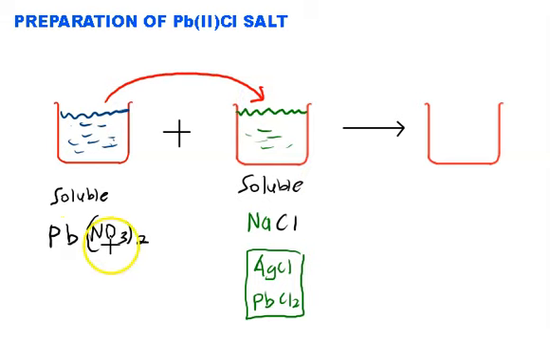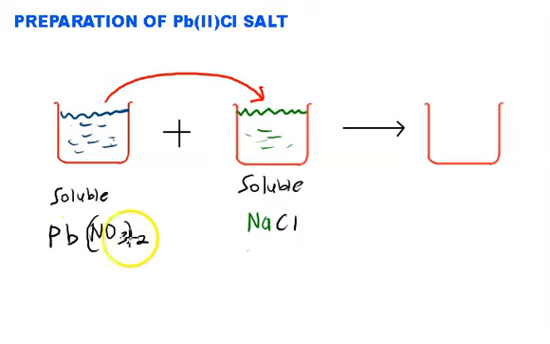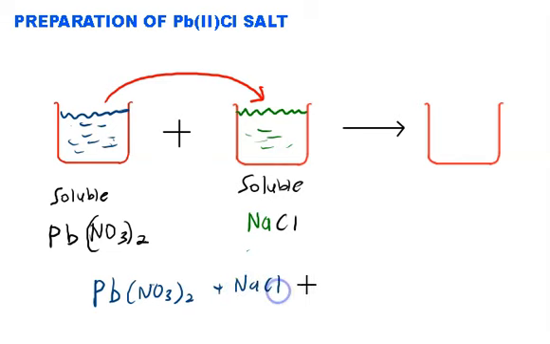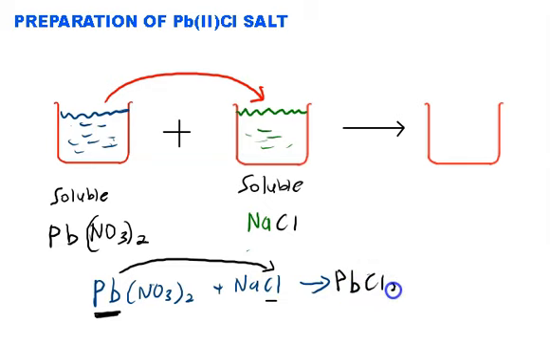Now based on the equation, let us do the equation over here. Here is plumbum nitrate, and here we have sodium chloride. What happens is the plumbum will combine with the chlorine to form plumbum chloride, and sodium will combine with the nitrate, so we will have sodium nitrate.